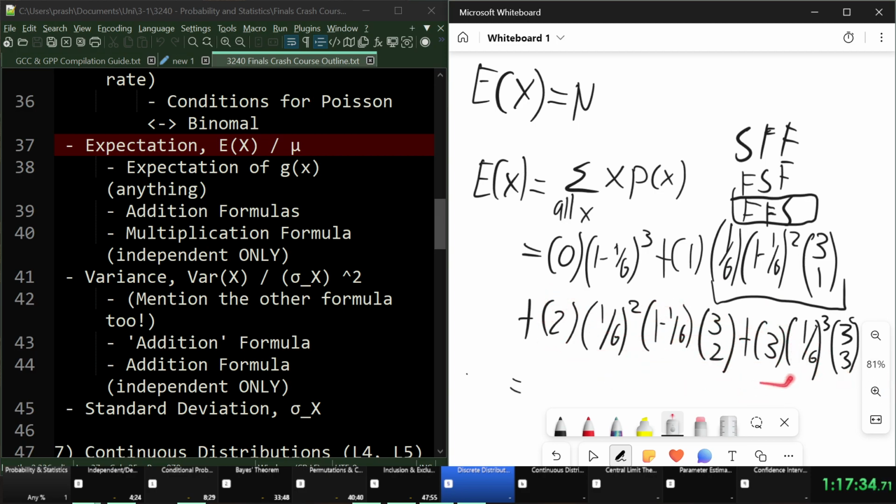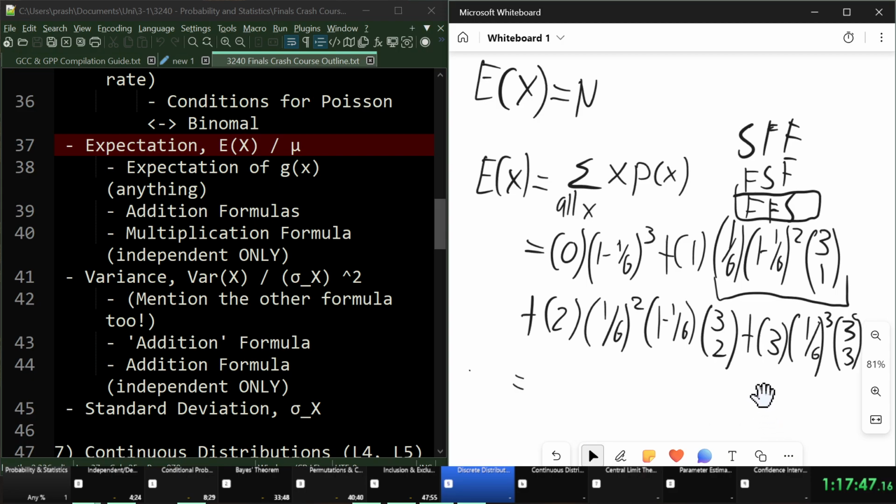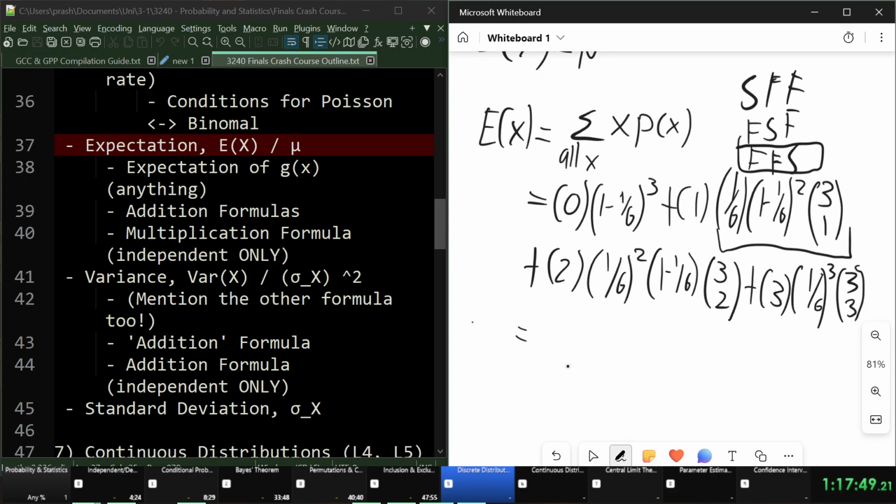And finally, when our value was 3, we had this probability over here. I'm not going to calculate this, but I'm sure it's a perfectly fine number. So that's how you calculate expectation of a variable. At the end of the day, like I mentioned a bajillion times, it's really just this. Value times probability.